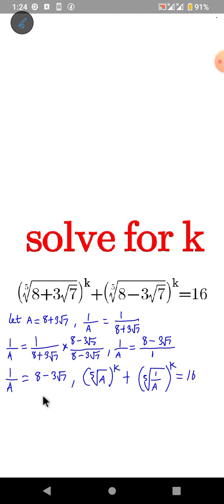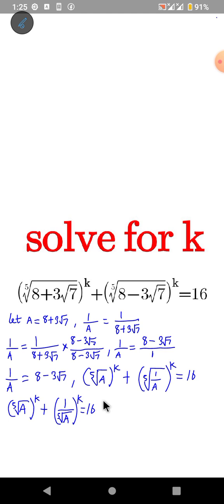Then we'll continue again. Now I'm going to write the fifth root of A, all raised to the power of K, plus, put our bracket again. This fifth root now, we'll say the fifth root of 1 first is what? 1. So here will be 1 all over the fifth root of A. Close my bracket, then all raised to the power of K equal to 16.